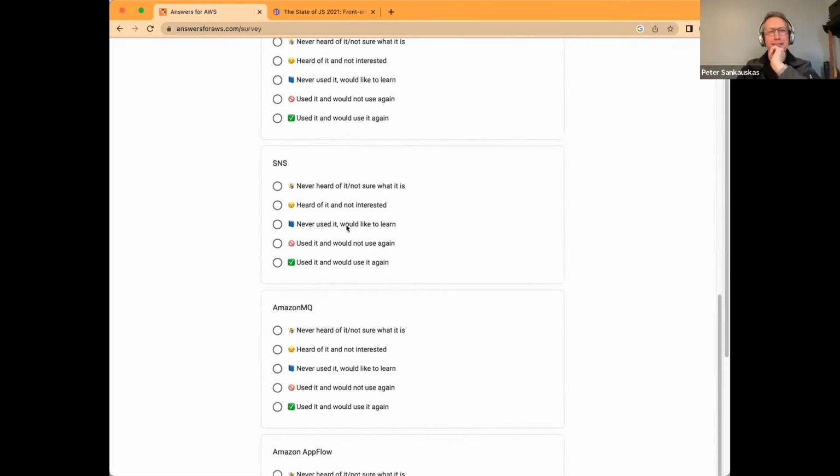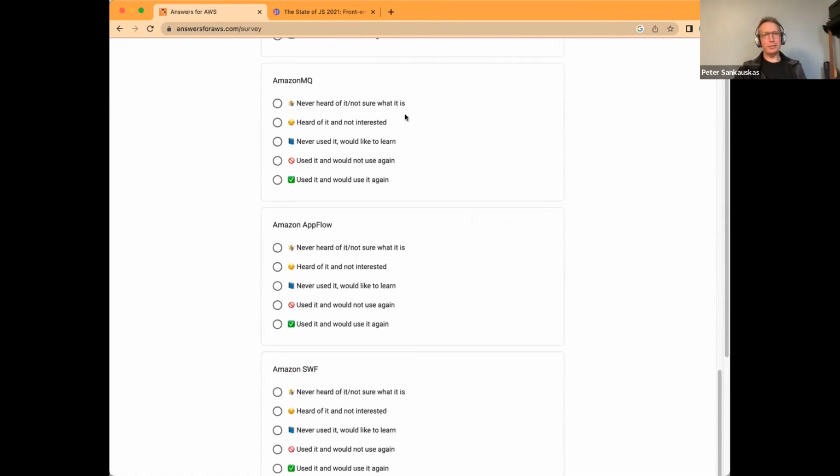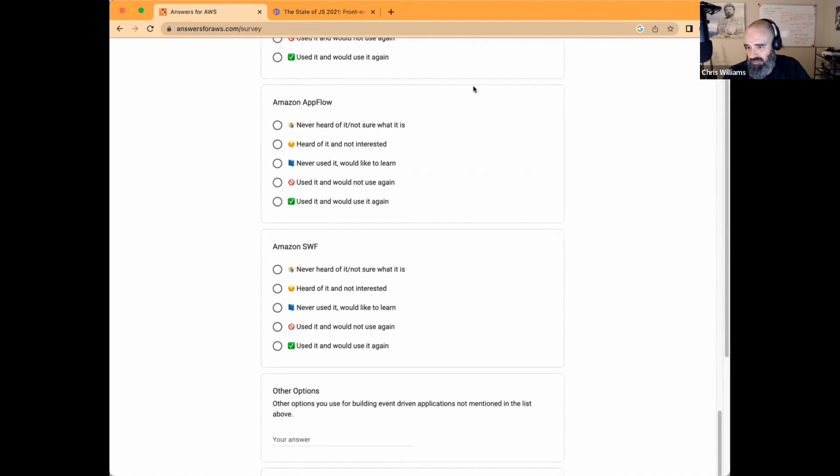Yeah, SQS, SNS. I'm sure most people have used those, but then you get into Amazon MQ, and if you haven't really used RabbitMQ in the past, maybe you haven't used the hosted version of it. AppFlow is interesting. And then this I put in here for historical purposes.